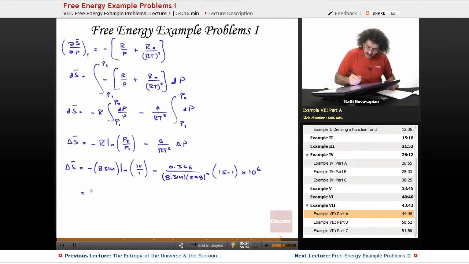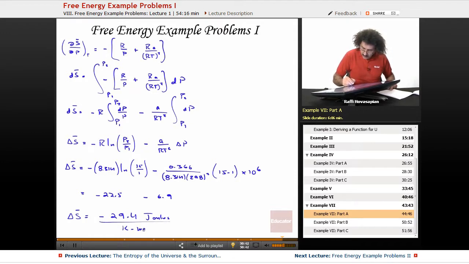I'm going to do these separately: minus 22.5 minus 6.9. Therefore, the entropy change is minus 29.4 joules per Kelvin mole. That takes care of the delta S.